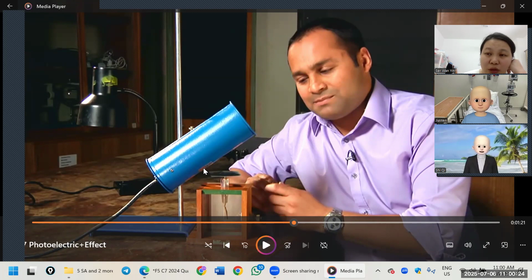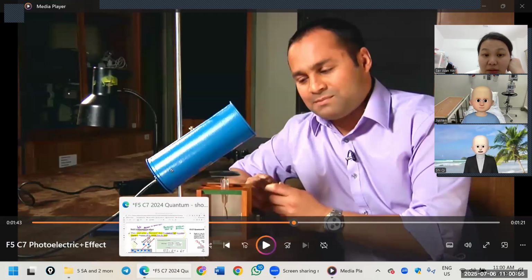So most of the time we use UV: when a beam of light with certain frequency shines on a metal surface, electron is emitted out. Just now it's positive lah, so emitted electrons will neutralize it, so it closes. Of course, we cannot see UV, we cannot see electron, so we use this to show electron is emitted out.